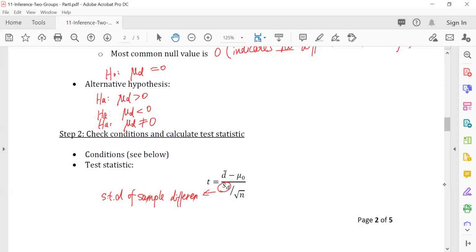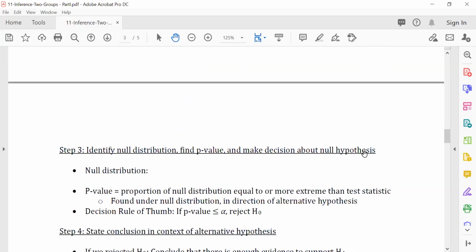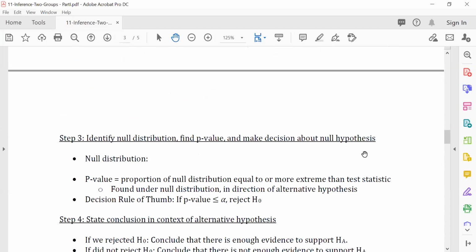Then the third step, identify the null distribution, find the p-value, make decision about the null hypothesis. So the null distribution is the t-distribution with degrees of freedom equals to n minus 1.